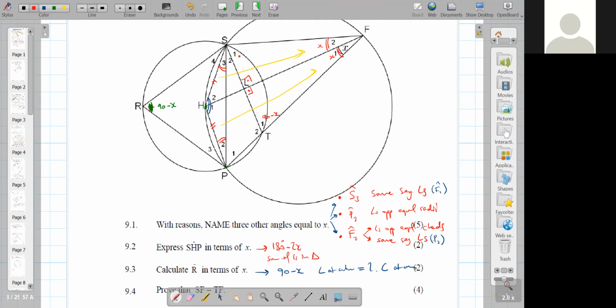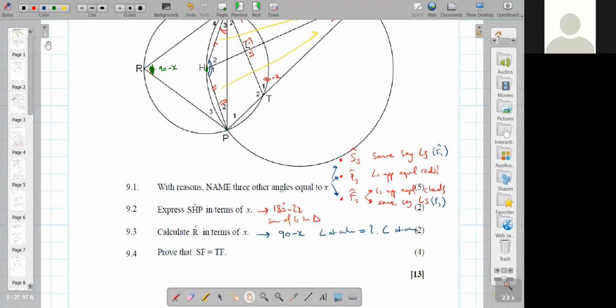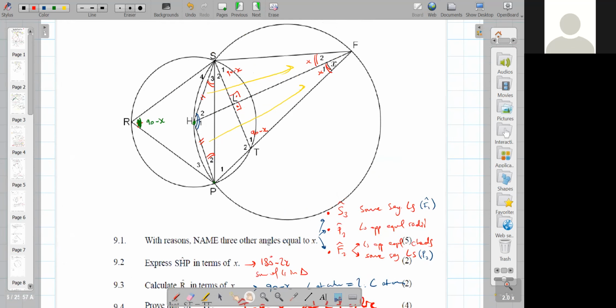So that must be 90 minus X. You see, I actually already got, it's an isosceles triangle. But the starting point and that important part is what? T1 is 90 minus X, T1 is R. So from then, it's kind of easier. You just say T1 is 90 minus X, which is R, because what? Exterior angle of cyclic. So after T1, you can actually find S1 straight.